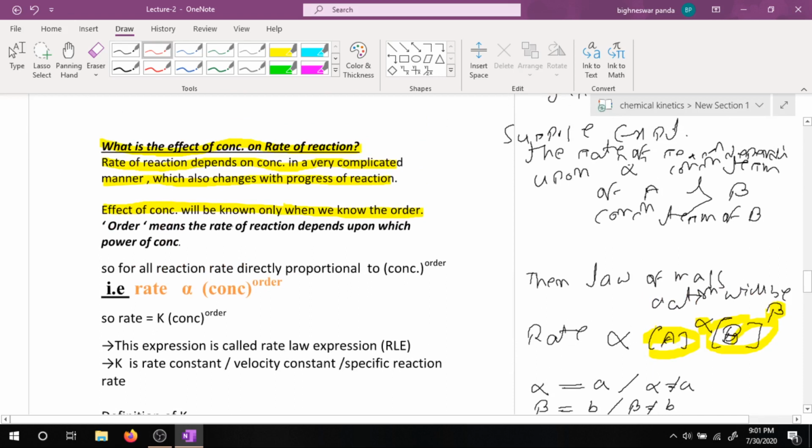Order means the rate of reaction depends upon which power of concentration. This is very important.